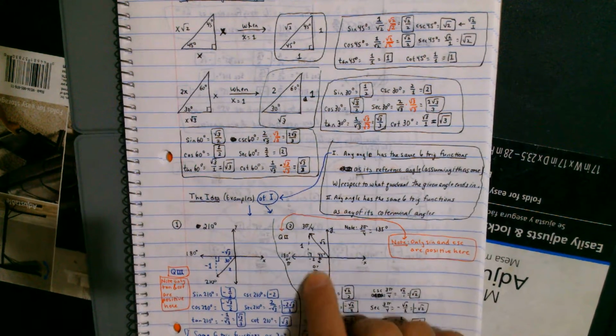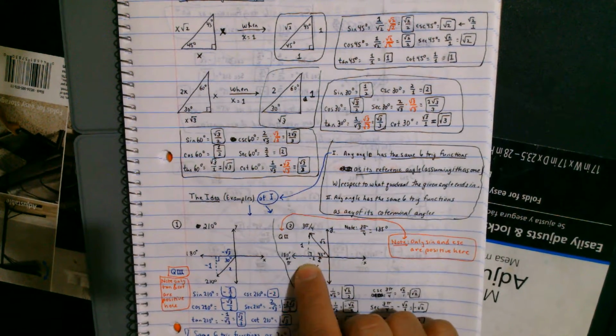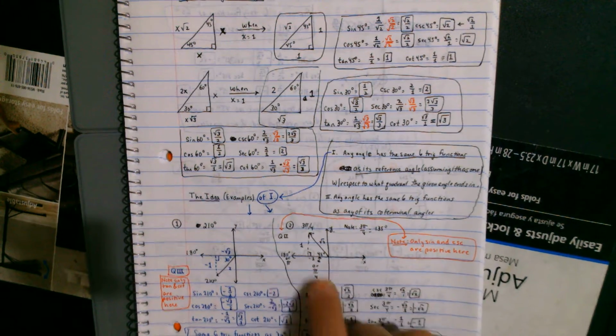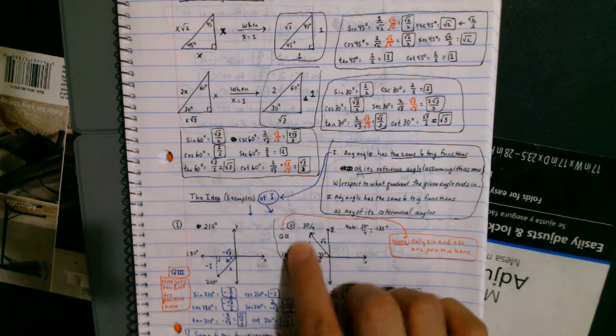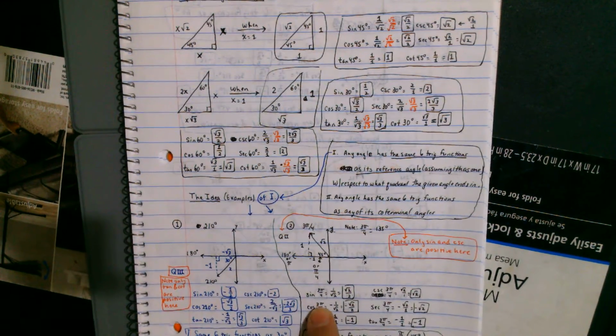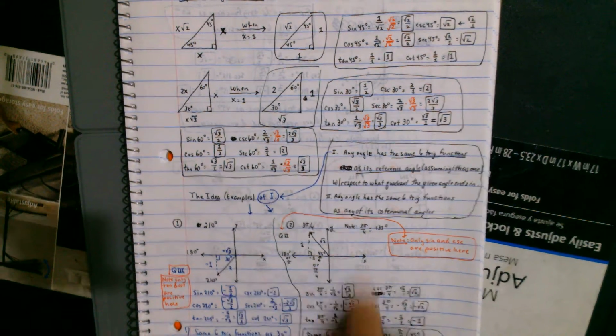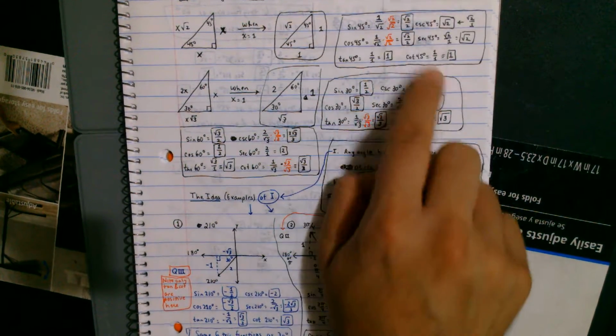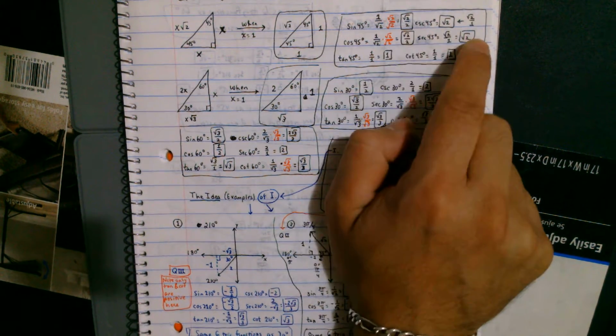1, 1, square root of 2, except this one is negative because you're on the negative x-axis. So the answers, if I'm looking for the six trig functions of 3 pi over 4, notice they're the same answers as for 45, instead of having to do all the work again.